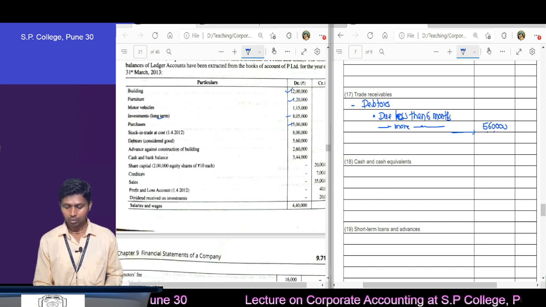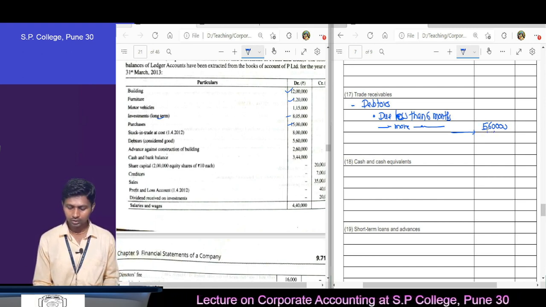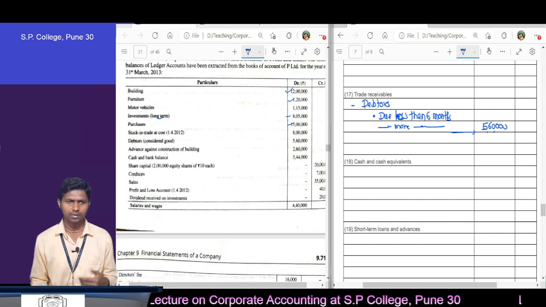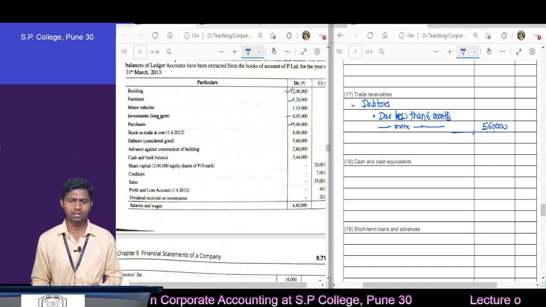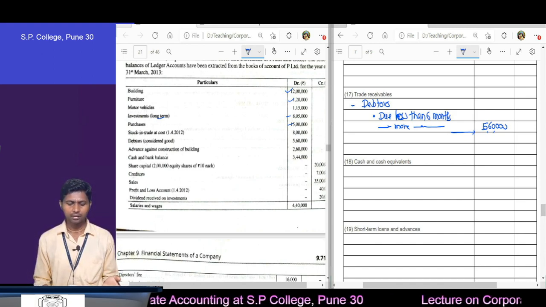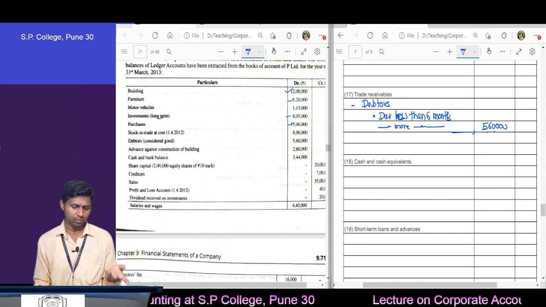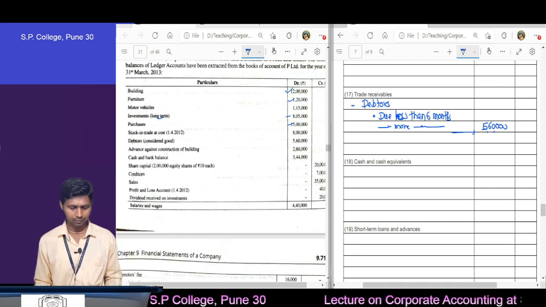Write the total down. What about less than 6 and more than 6? At the time of adjustments, we'll see and write those figures. Writing those is very simple. Out of 3, if you know 2, you can calculate the third.